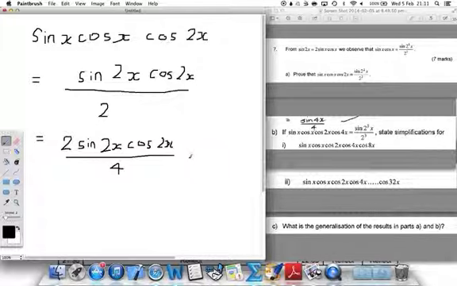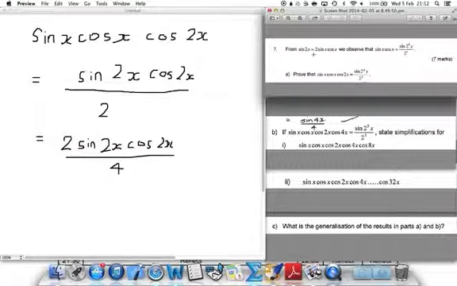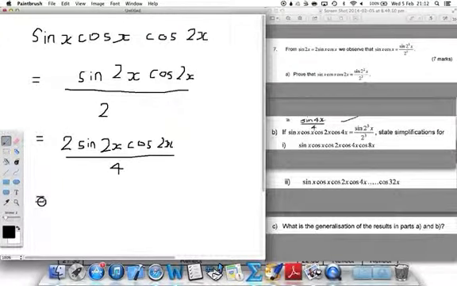And what we notice from this is that we have 2 lots of sine 2x cos 2x. If we have a look at our identity, sine 2x equals 2 sine x cos x, we can see that we have 2x there and 2x there, and we've got the 2 out in front. So we can rewrite the numerator based on this to be sine 4x.